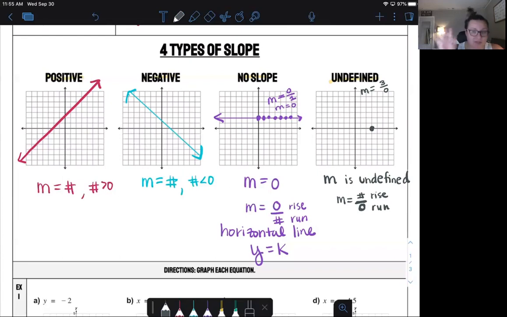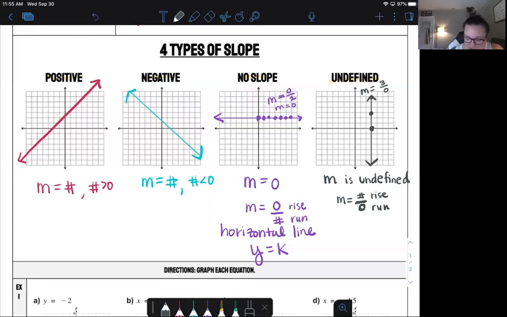But let's just use it to understand what happens with this line. This means that I have a rise of 3. So I'm going to rise 1, 2, 3, but I have 0 run. So I don't go to the right at all. Then I'm going to rise 3 one more time. 1, 2, 3. And there's no run. Well, what do I end up making? I end up making a straight line that's up and down, which is a vertical line.